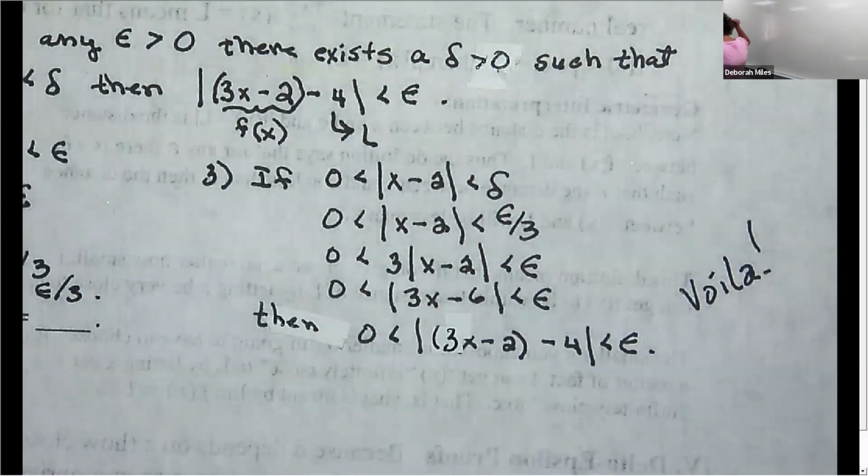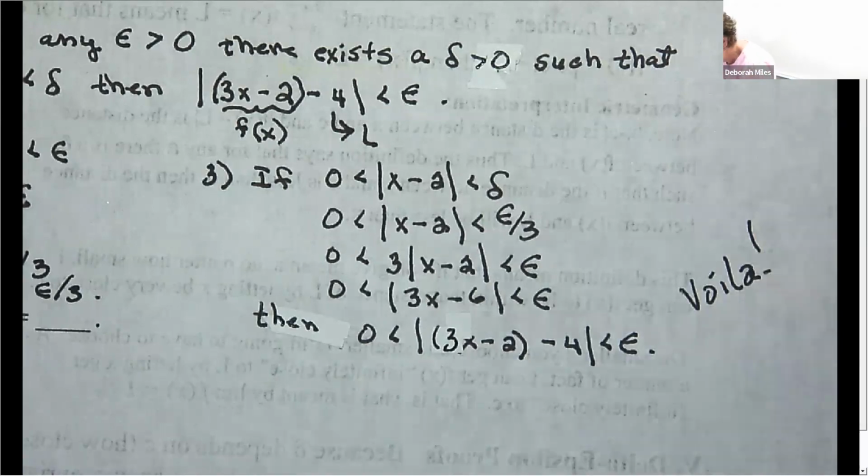If you want the limit to be within a quarter of a unit of 4, then how close is the x going to have to be to 2? If epsilon's a quarter of a unit, then delta is going to have to be a third of that.